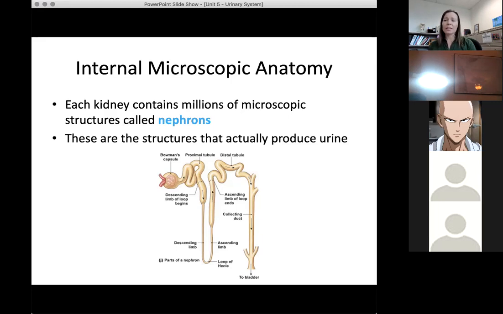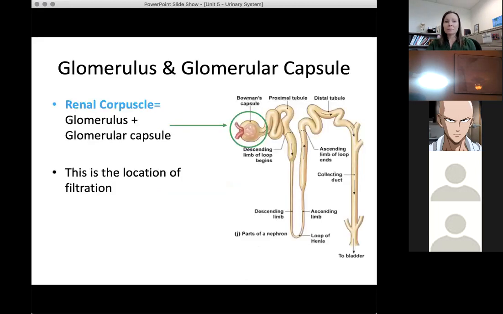They filter blood to produce a fluid called filtrate. And that gets processed by the nephron to form urine.